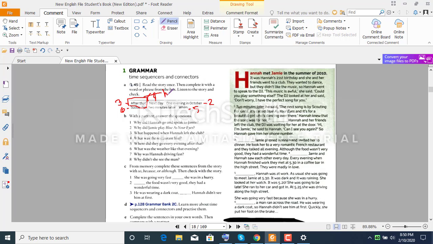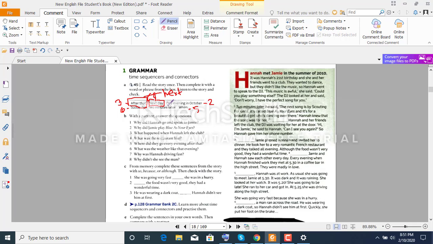Same with when, it means next, the next thing you did. And then next day, so it's pretty obvious when to use this one. For example, today you've learned time sequencers, and the next day, meaning tomorrow, you're going to learn another topic, okay?